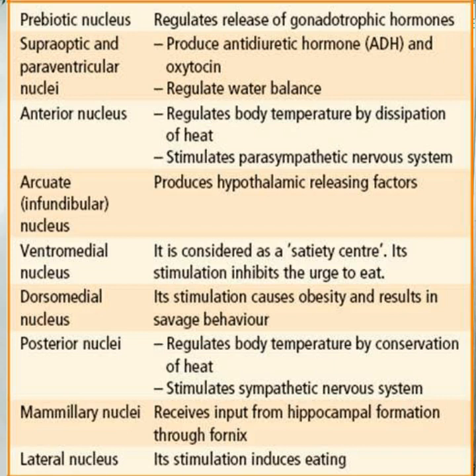For example, supraoptic produces ADH, paraventricular nuclei regulates water balance, anterior nucleus regulates body temperature, arcuate nucleus produces hypothalamic releasing factors, ventromedial is considered the satiety center, dorsomedial stimulation causes obesity, posterior nuclei regulates body temperature, mammillary nuclei receives input from the hippocampal formation, and lateral nuclei stimulation induces eating. So these are the different functions the nuclei perform.